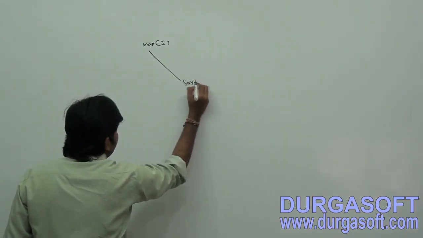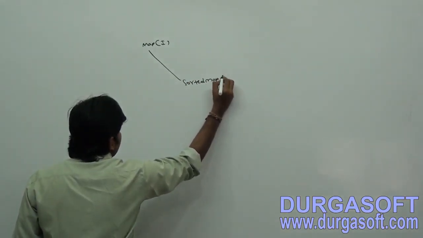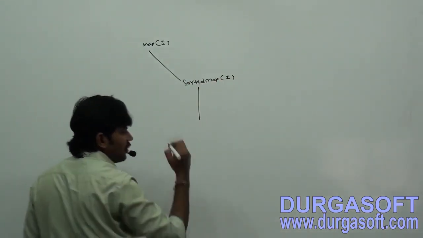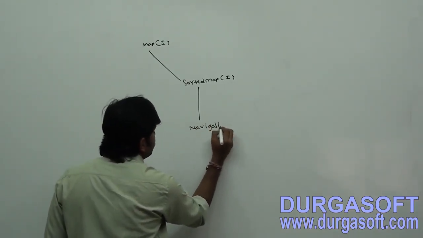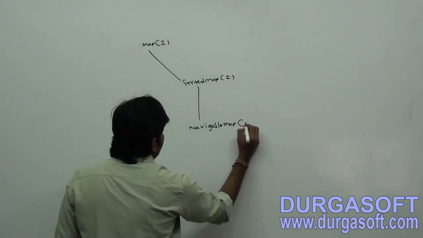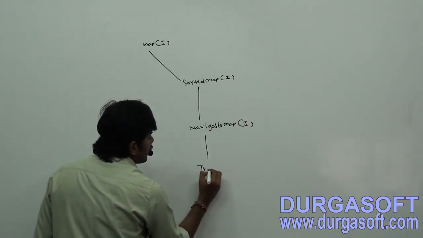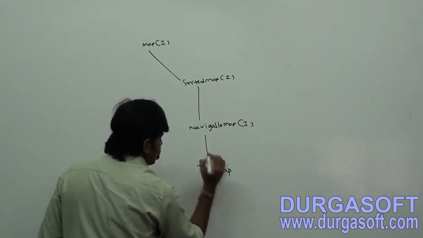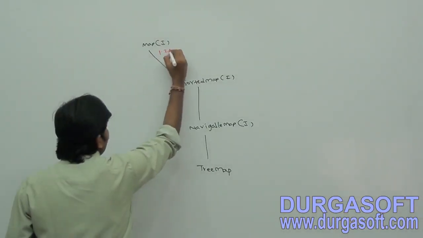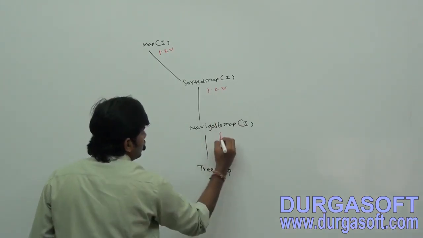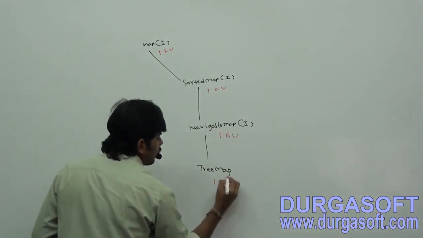For that, sorted map is the child interface. For that sorted map, navigable map. For that, the implementation class is nothing but what? Tree map. Okay.